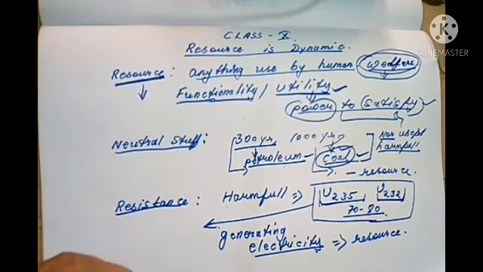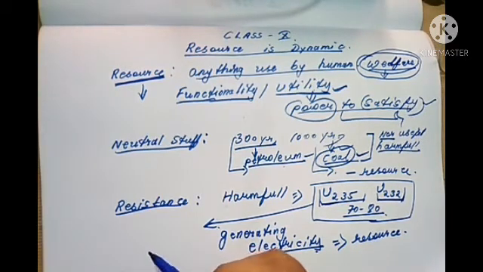Another example, written in your textbook, is rivers. Before the construction of dams, rivers destroyed neighboring areas by flooding, destroying properties, homes, lives, everything, and were a resistance.